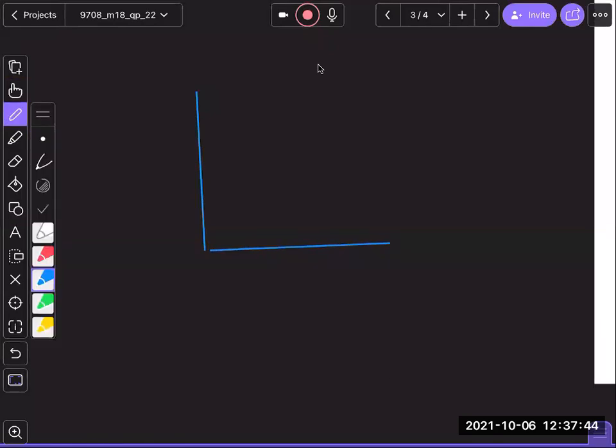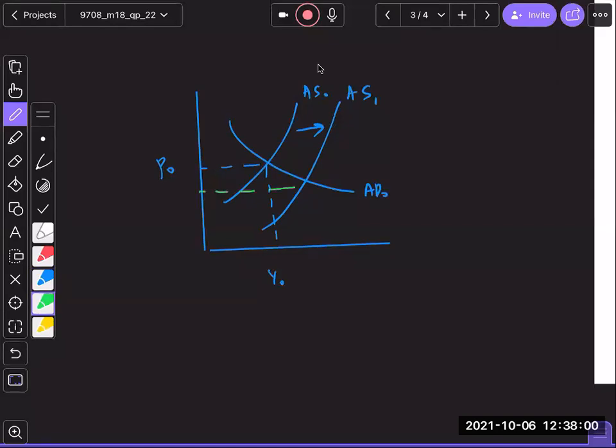If this is my AD, this is my aggregate supply. Aggregate supply can shift to the right, leading to a lower price level and higher GDP, right?